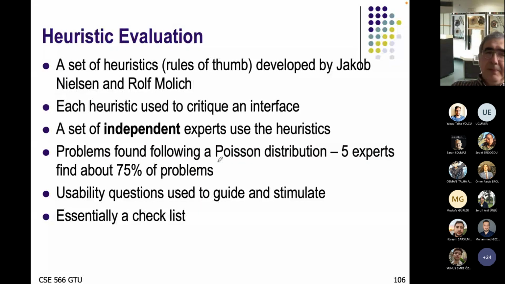The next one is a shortened variation of cognitive walkthrough. That is what we call heuristic evaluation. Heuristic evaluation means if you are expert, you know a lot of things in human-computer interaction.